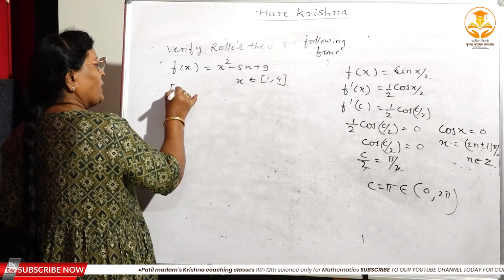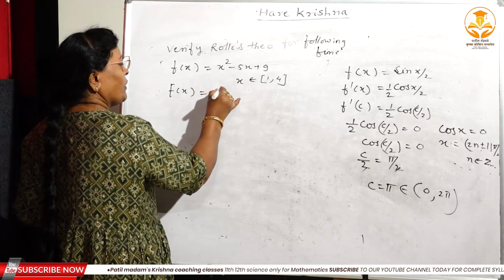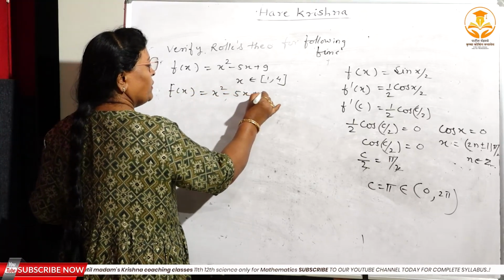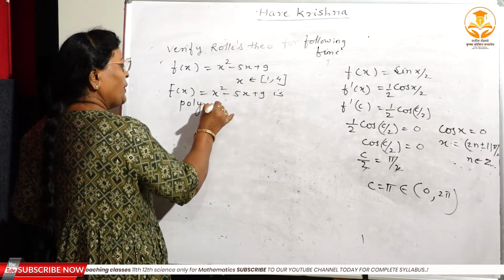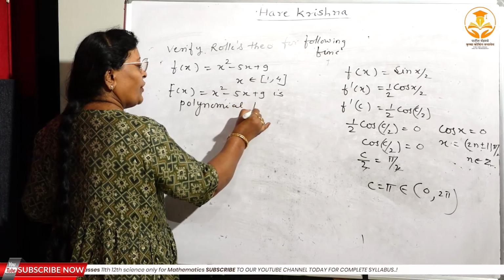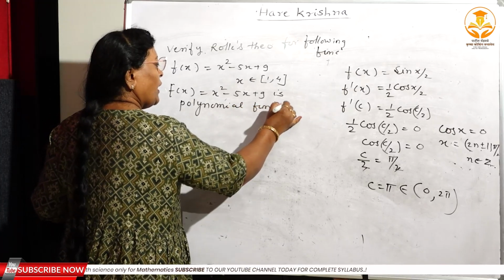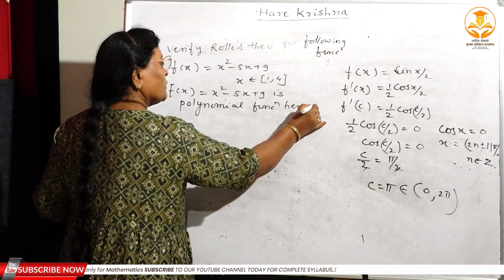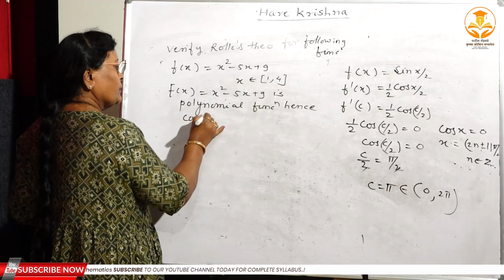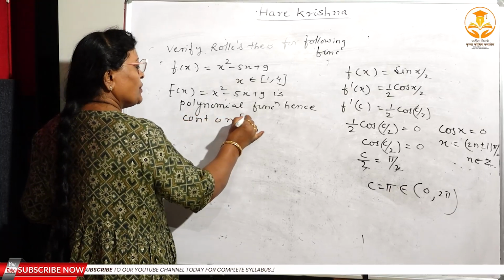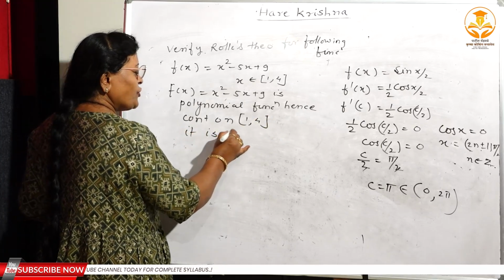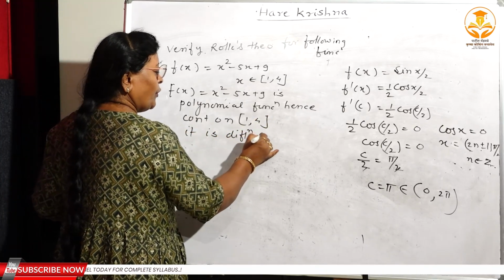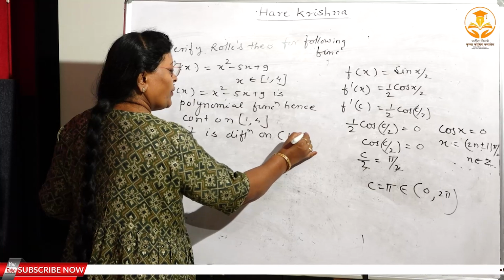Now again f of x is equal to x square minus 5x plus 9 is a polynomial function, hence continuous on the closed interval 1, 4. It is differentiable on the open interval 1 comma 4.